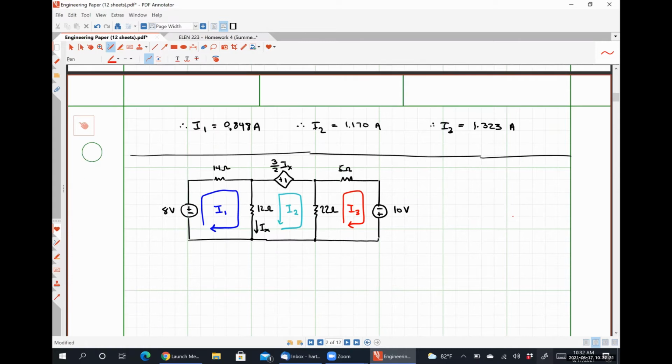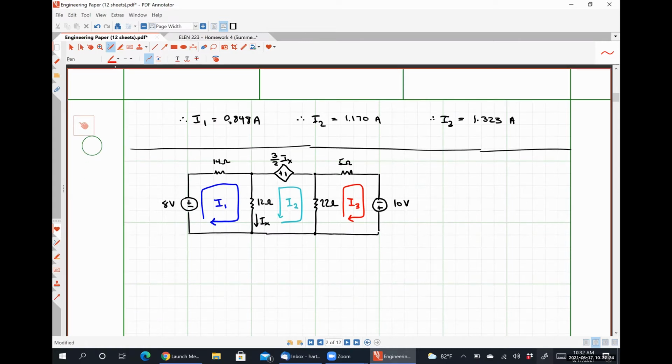So at this point, I should start writing my KVL equations. So let's look at KVL at mesh 1. I'm going to start in my bottom left-hand corner, and I'm going to follow mesh current I1 around its clockwise path. So I see negative 8 volts first. Then I see the 14 ohm resistor. And the only current flowing through the 14 ohm resistor is I1. So I just multiply 14 times I1.